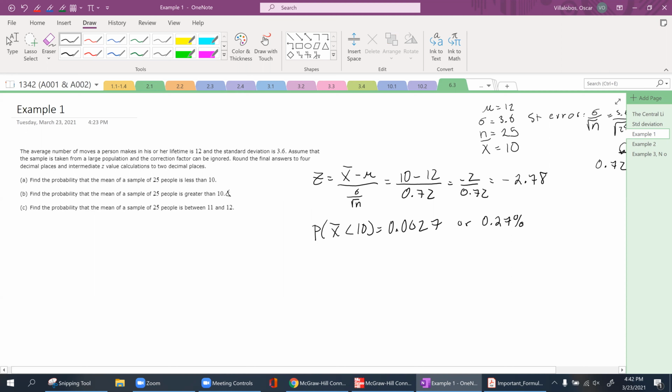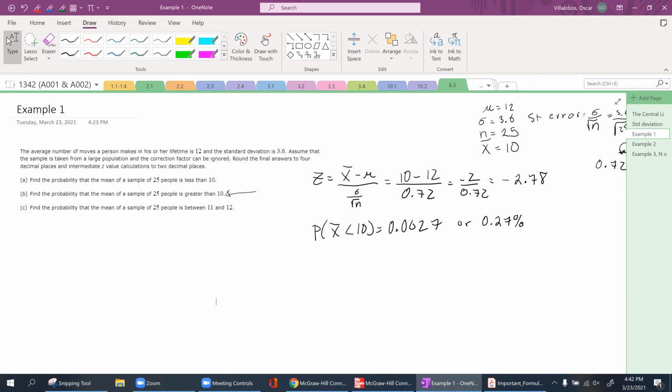And this one is going to be greater than, so you're looking for something greater than 10. Once you find the z-value, it's going to be 1 minus the probability that you found, as a refresher.